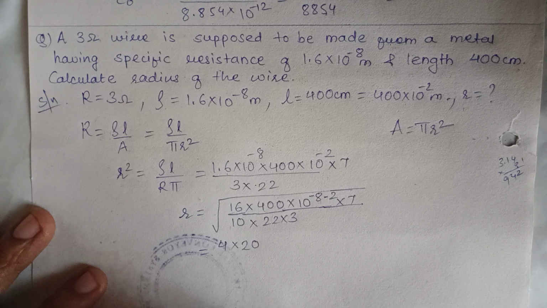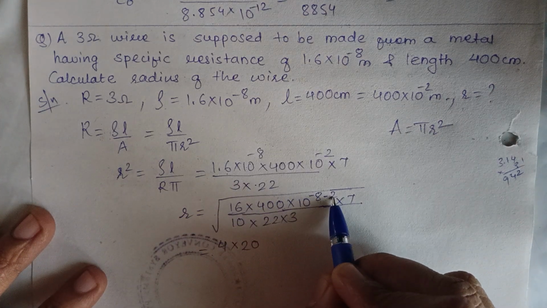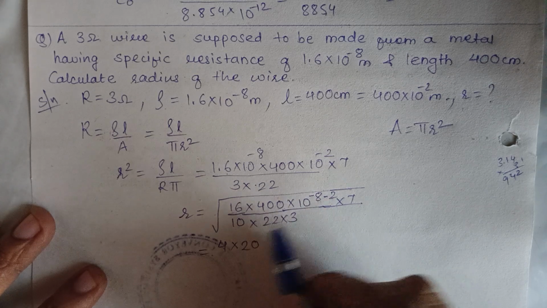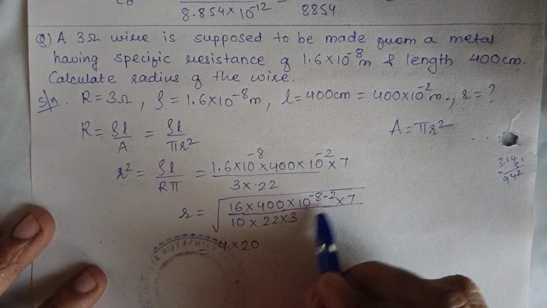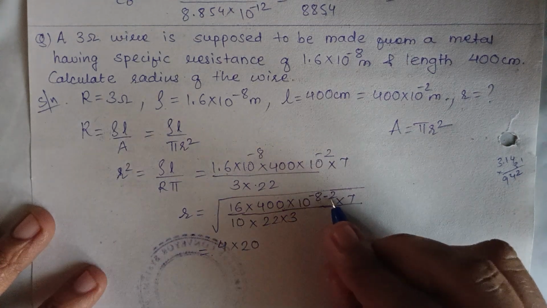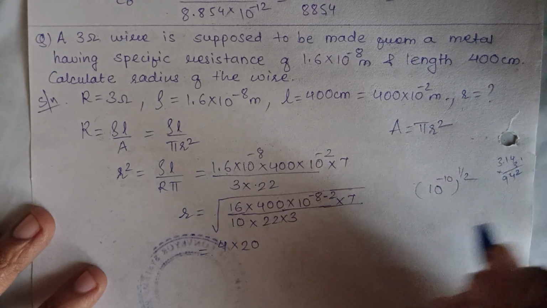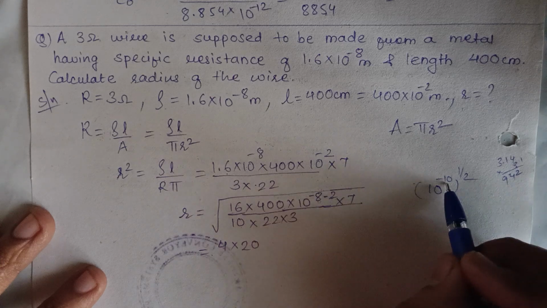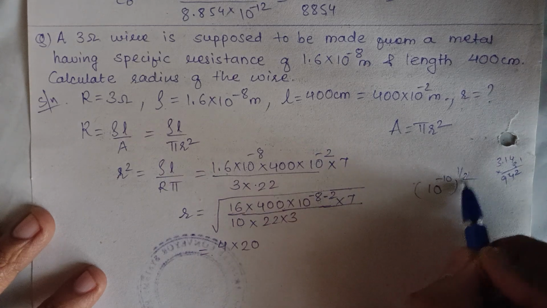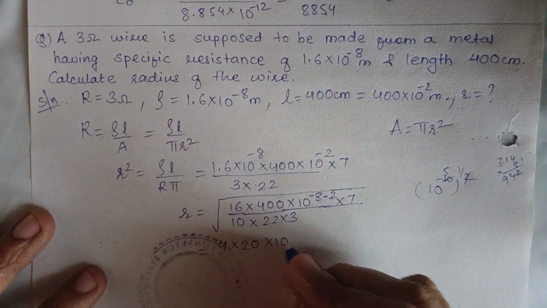Correct? Then 10 raised to minus 8 minus 2, so it will be minus 10. And this one I will keep as it is. Minus 10, so I can write this as 10 raised to minus 10 raised to half. Correct? So it gets multiplied with this 10. So 2 ones are 2, 2 fives are 10 raised to minus 5.